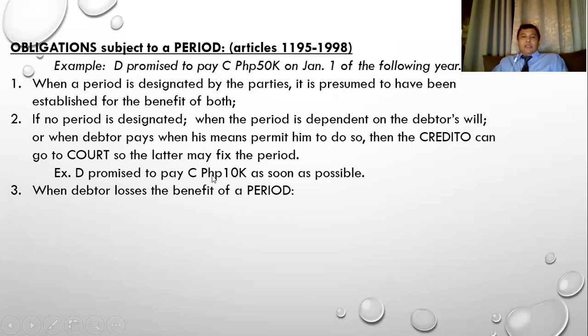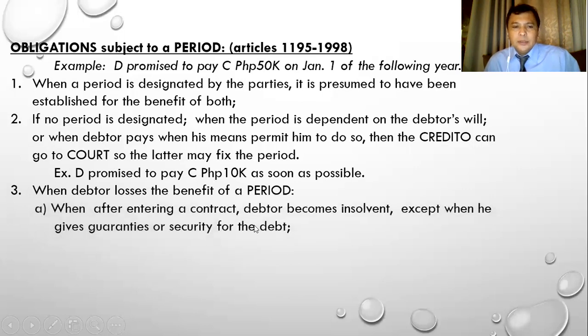However, there are instances when the debtor will lose his right of benefit of the period which has been established. What are these instances? Number 1, when after entering a contract, the debtor becomes insolvent. What is an insolvent person?